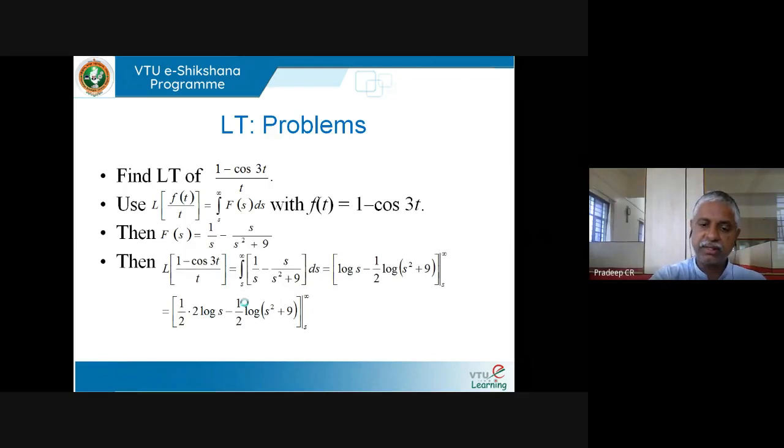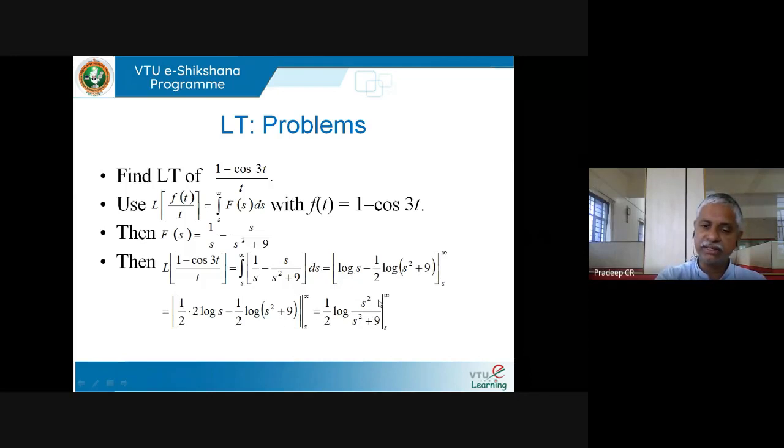So I'll call this half log s square, and I can pull out half common from both of them. I'll get log of s square minus log of s square plus 9. So this log s I have written as half log s square. I'm sure you have done it several times. Then log a minus log b will become log a by b.